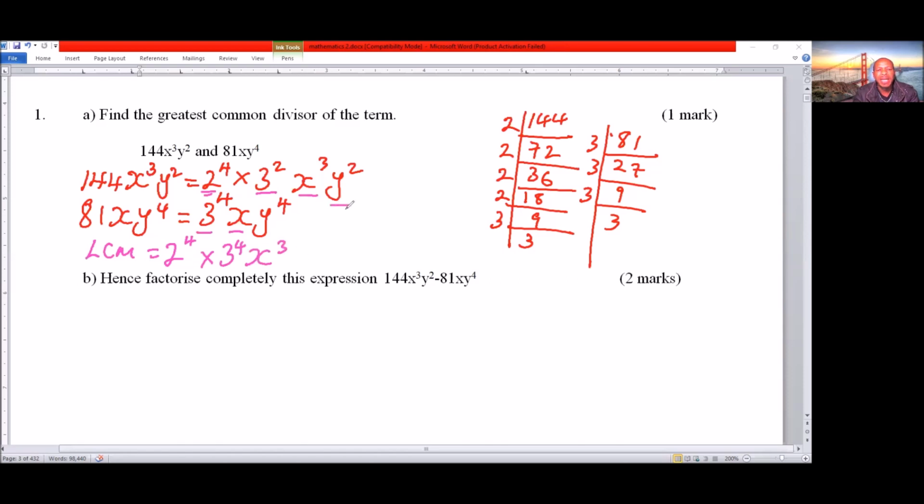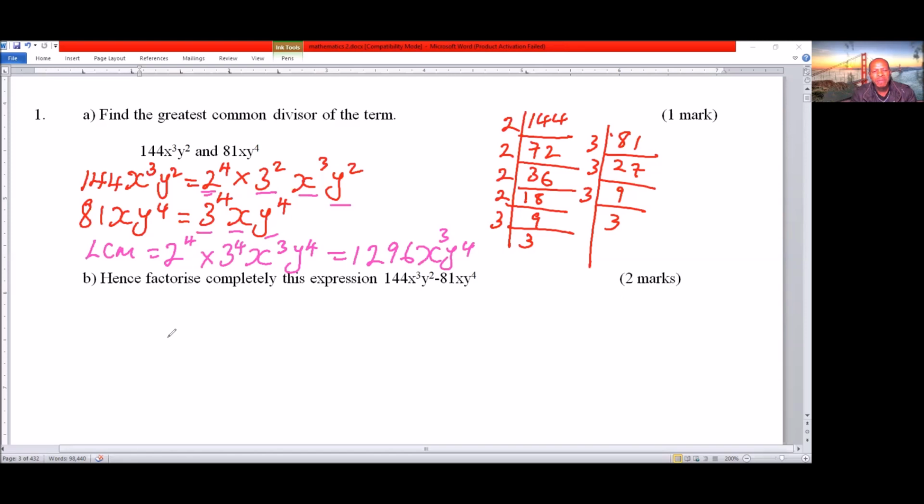Here we have y squared and here we have y to power 4, so this is y to power 4. 2 to power 4 multiplied by 3 to power 4, using your calculator, you should get 1296. Then we have x cubed y to power 4. So that is how we find the LCM.